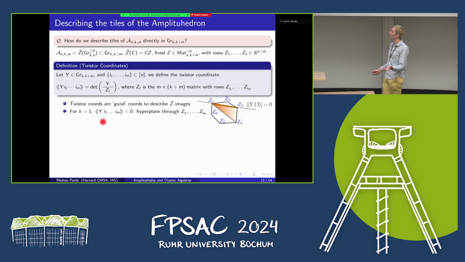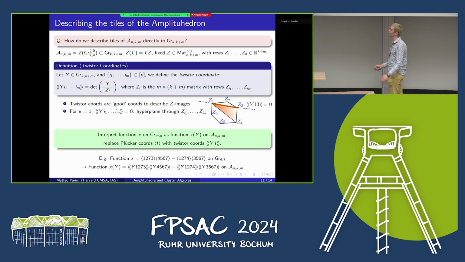Just to give you a flavor, for k equals 1, when the amplituhedron is a cyclic polytope, these twistor coordinates correspond to hyperplanes through some vertices of your polytope. So the vanishing of a twistor coordinate corresponds to the hyperplane passing through these vertices, whose labels you can read here. So y13 is the hyperplane passing through Z1 and Z3.